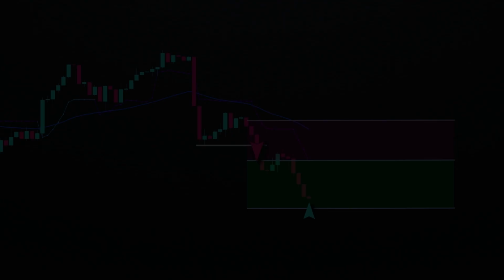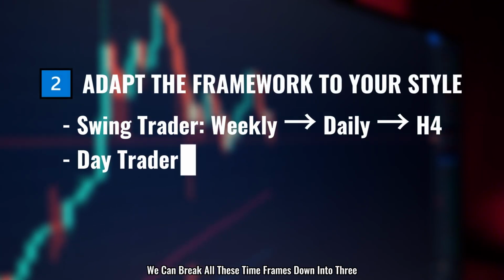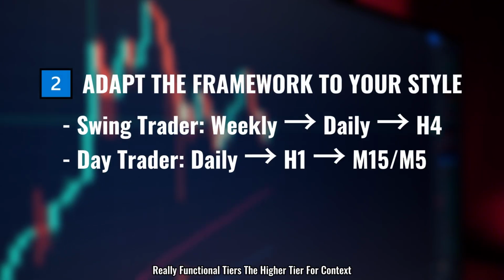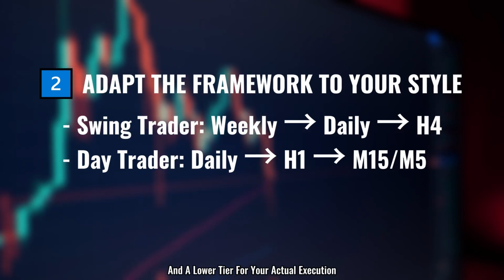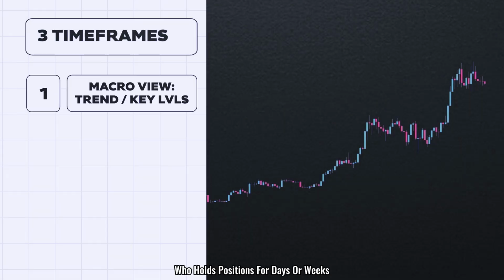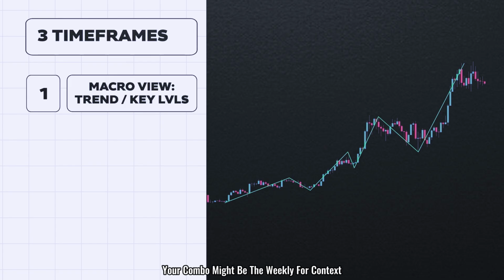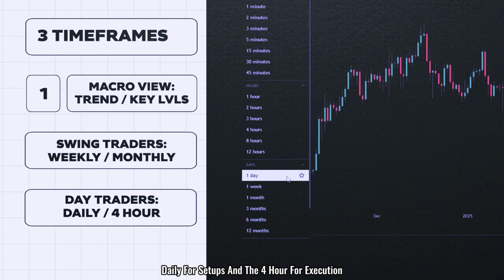To make this actually useful, we can break all these timeframes down into 3 really functional tiers. The higher tier for context, the medium tier for your setups, and a lower tier for your actual execution. Now, if you're a swing trader who holds positions for days or weeks, your combo might be the weekly for context, daily for setups, and the 4-hour for execution.